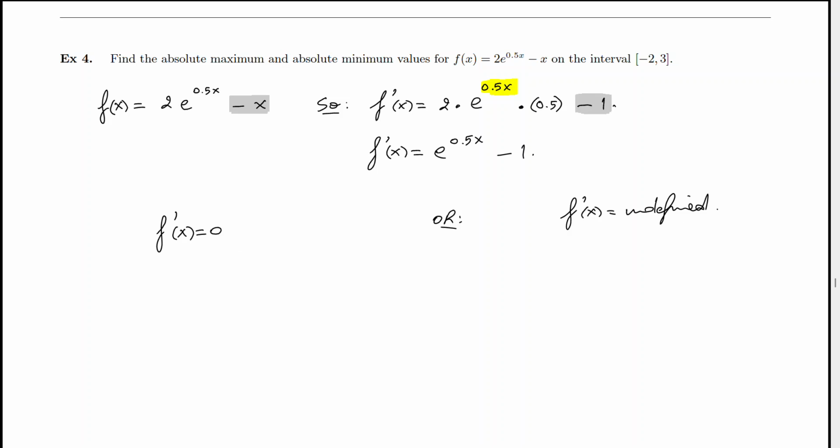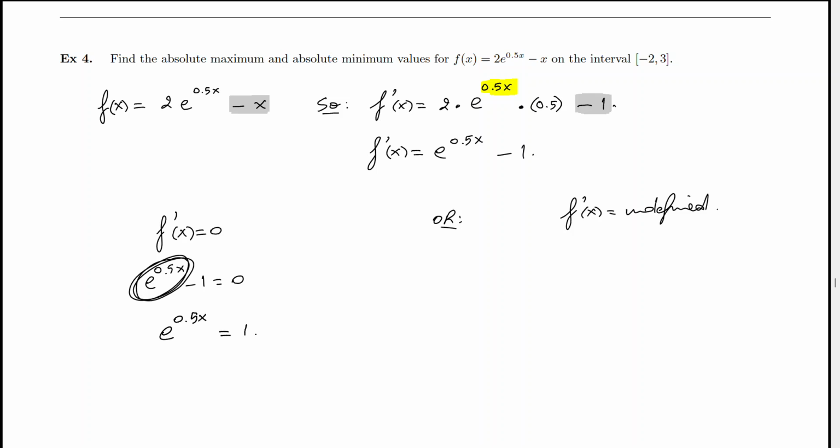So for now, my derivative is e to 0.5x minus 1, and I need it to be equal to 0. So I'm just going to grab the whole derivative and set it all equal to 0. And to solve for x, right now the x is in the exponent. First, I need to isolate the term that has the x in it.